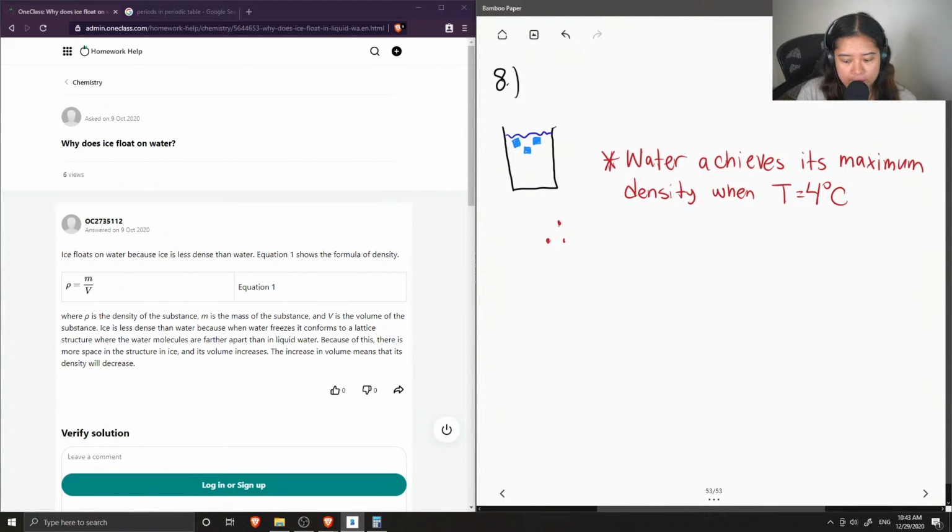So therefore, at 0 degrees Celsius, when it freezes to ice, ice is less dense than water.